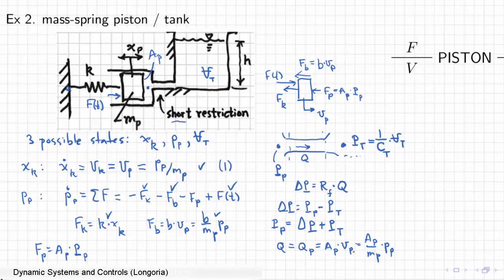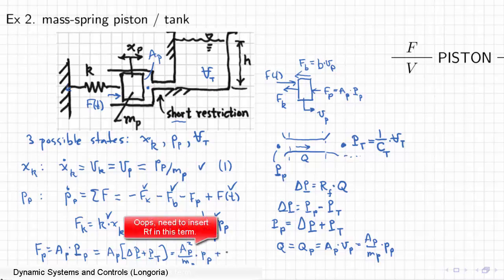So backing all this up, RF times Q is this term. I now have delta P and PT in terms of state variables. I'm going to write all of that out here. I have A sub P times P sub P, which is delta P plus PT, and that's equal to what? I'm going to make substitutions here, and at the end of the day I have A sub P squared over the mass of the piston times P sub P plus A sub P divided by CT VT.